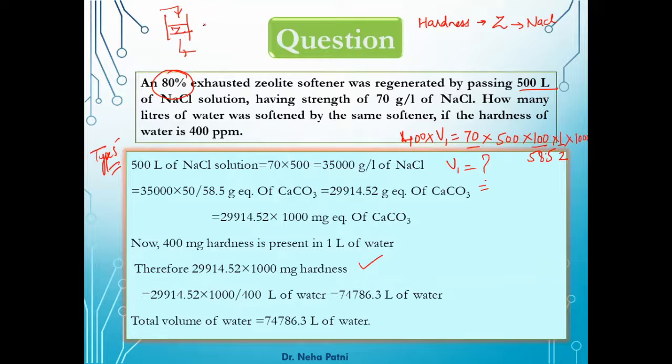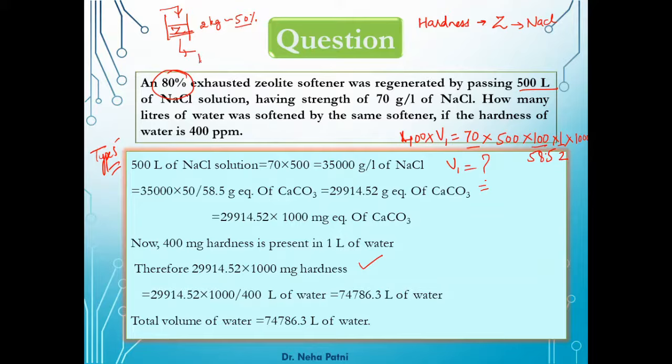Now if the requirement of zeolite is 1 kg and you put 2 kg of zeolite in the bed, what do you think? When you treat your hard water here, the zeolite would be 50% exhausted at the end. Because the requirement was 1 kg, I kept 2 kg, so 50% of the zeolite is exhausted while 50% is not exhausted. That is 1 point.